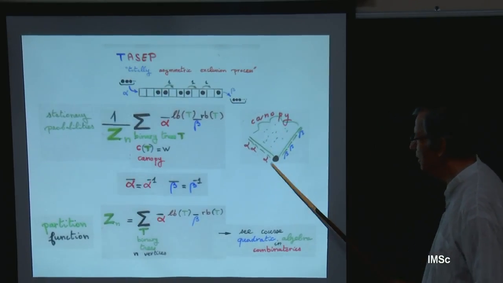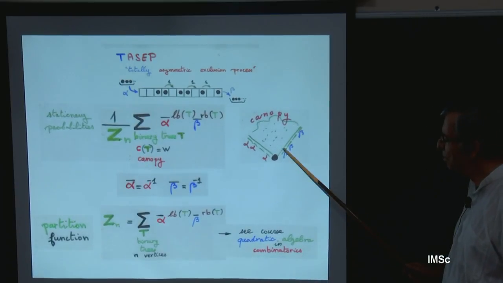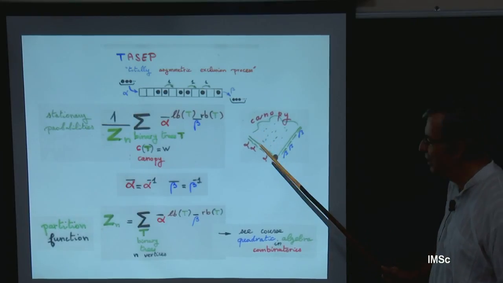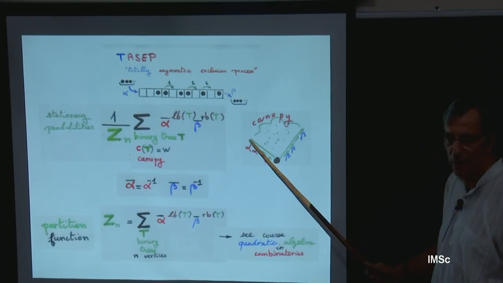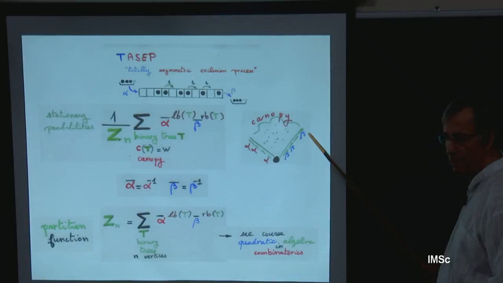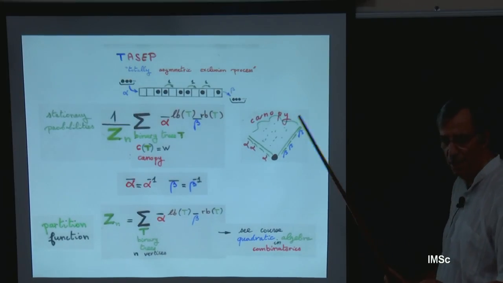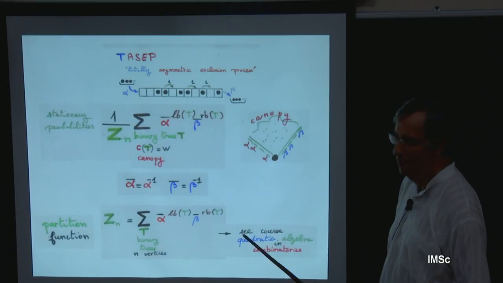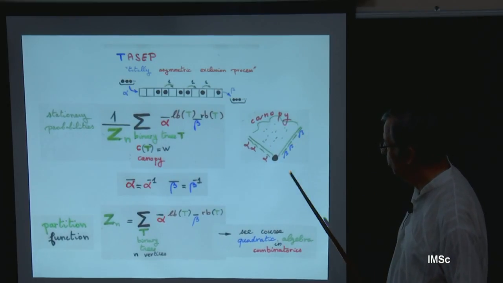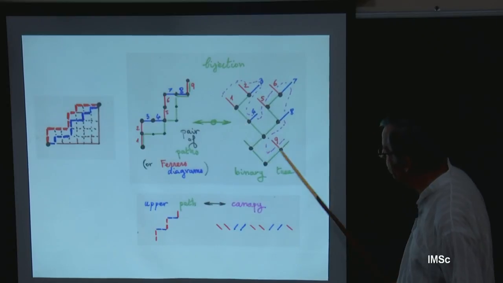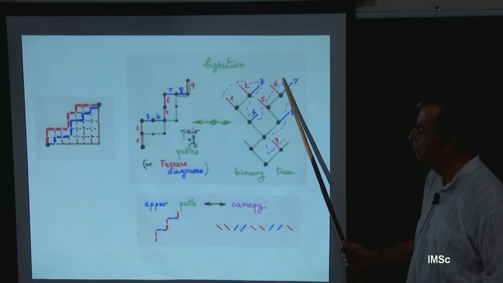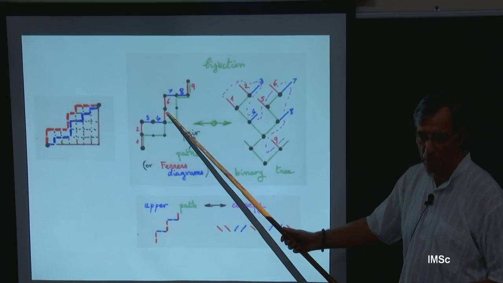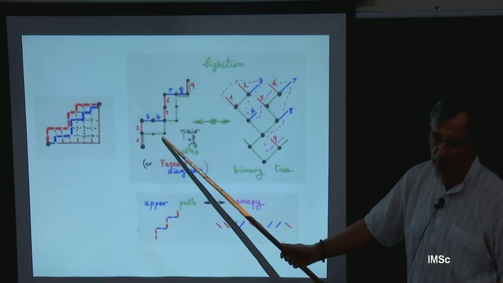So the TASEP was interpreted as the sum of the weights over all binary trees, with alpha power the length of the left branch, beta power the length of the right branch. And this interpretation gives you a perfect symmetry between alpha and beta when you reverse the process. And we have seen that the binary trees, the given canopy, are in bijection with such a pair of paths, which give you the two possible interpretations of the TASEP.